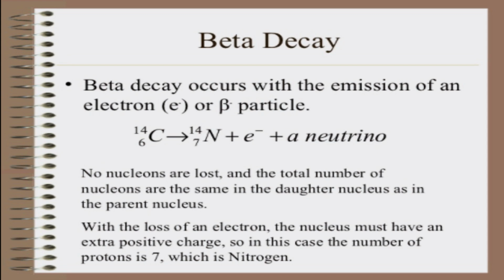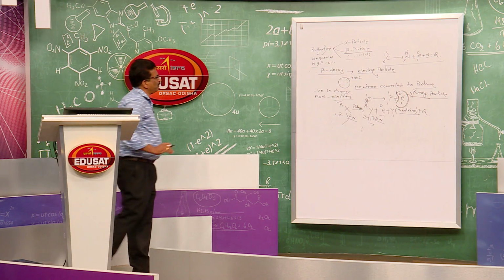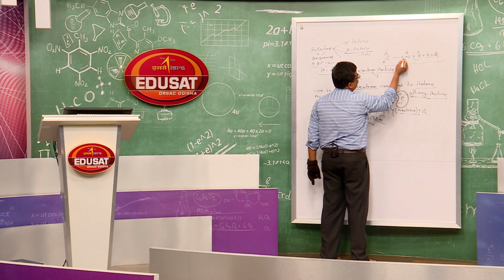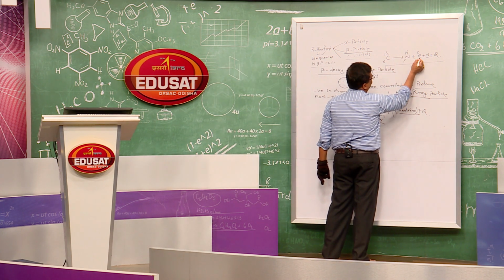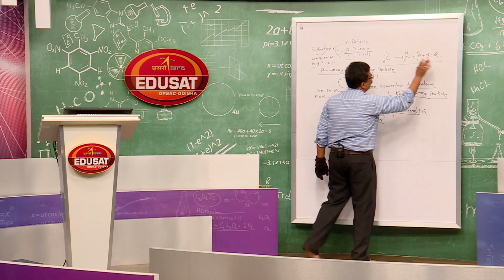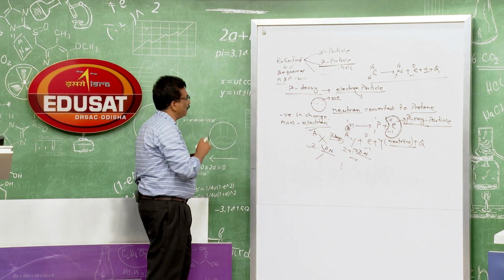So this beta decay will produce the neutrino with its high energy gain, and as we represent in our example of C6 14 to N714, this is the beta, this is the neutrino with energy. So this is about beta decay.